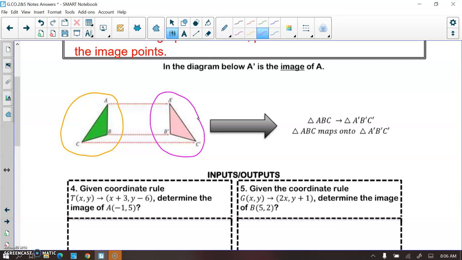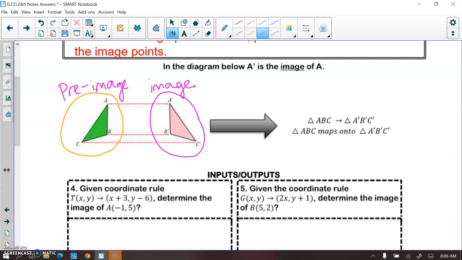That's called prime notation, because we want to label the pre-image differently than the image. If I just labeled the image triangle ABC, I could not identify which one is the original starting figure and which one was my ending figure. So I do want to label the points differently.